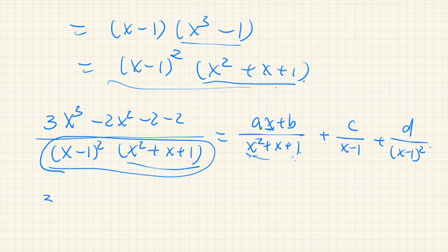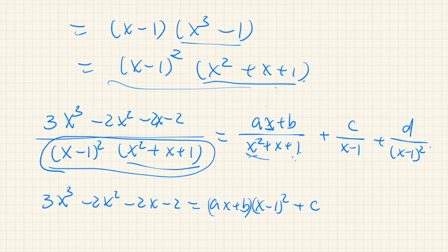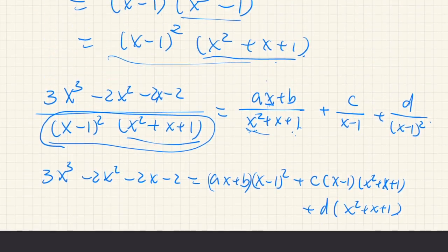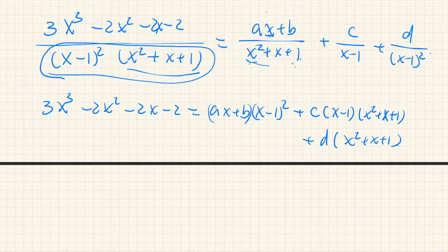Then we get 3x^3 - 2x^2 - 2x - 2 equals (ax + b)(x - 1)^2 plus c(x - 1)(x^2 + x + 1) plus d(x^2 + x + 1). Now just substitute some values into x and you will find some simultaneous linear equations involving a, b, c, and d.